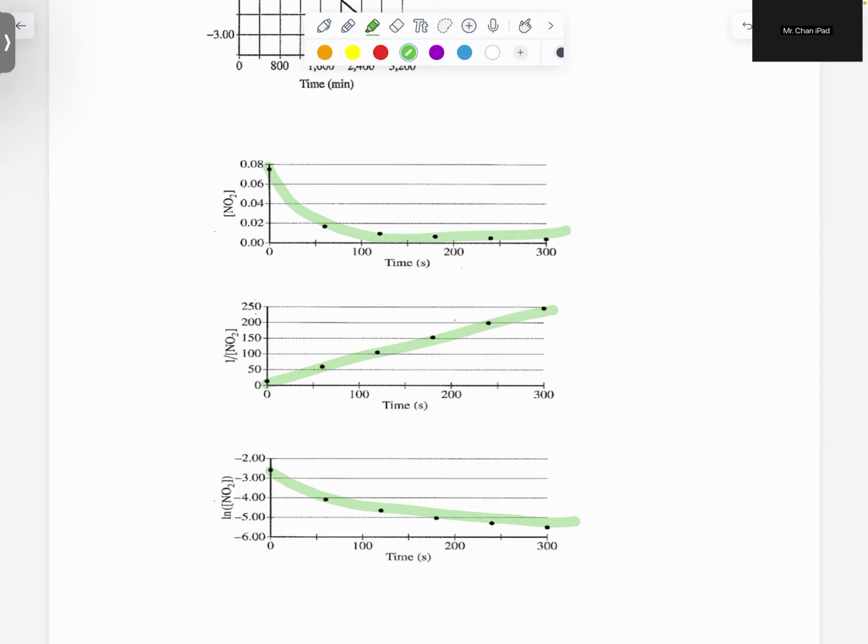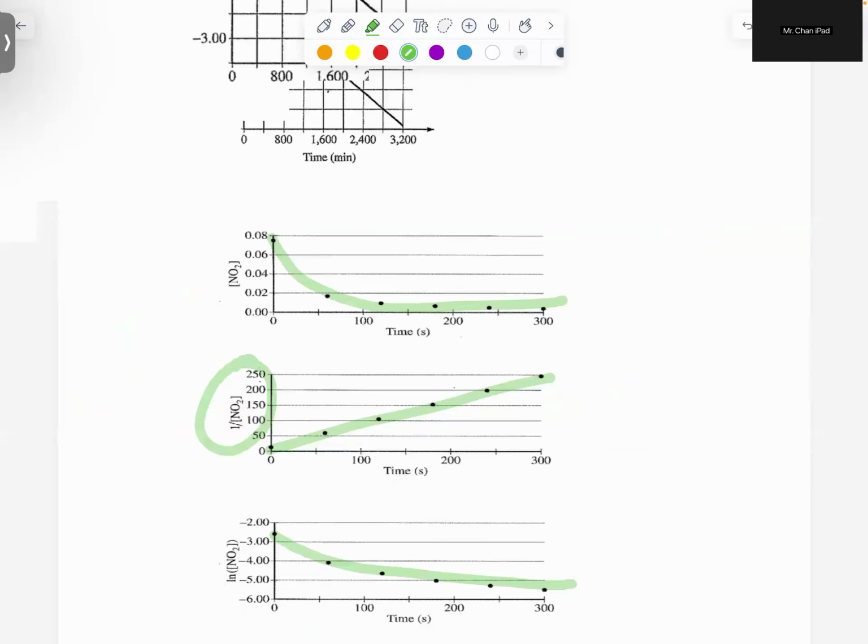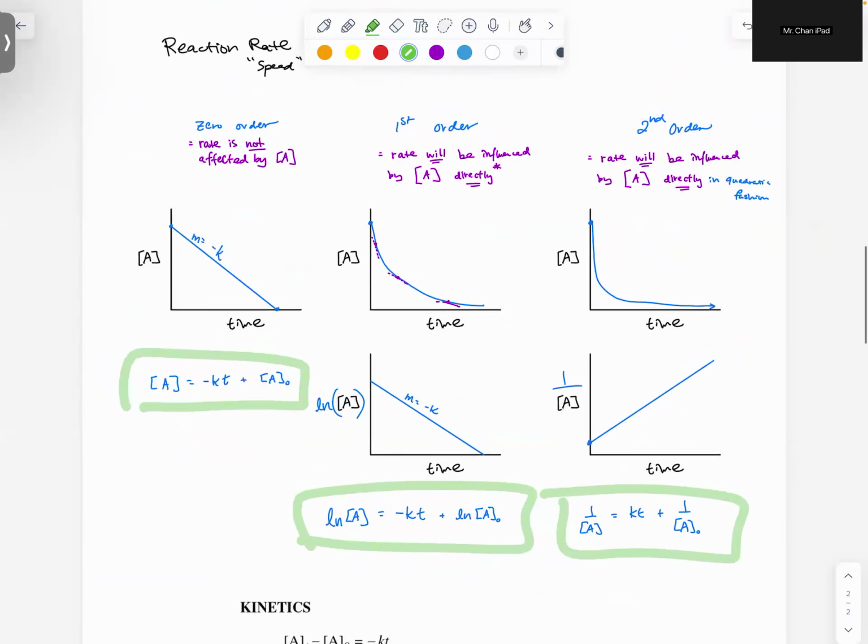It is a straight line for this particular graph. It is not a straight line for the other two graphs. That's the reason. Okay? So when the reaction is second order, this would always be a straight line. And that's why you need to know how to draw the graph. You need to know the backstory of the graph so that you understand, oh, that's why a first order reaction is a straight line when natural log of the reactant concentration versus time is linear.